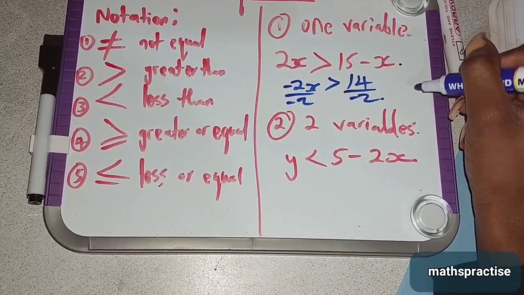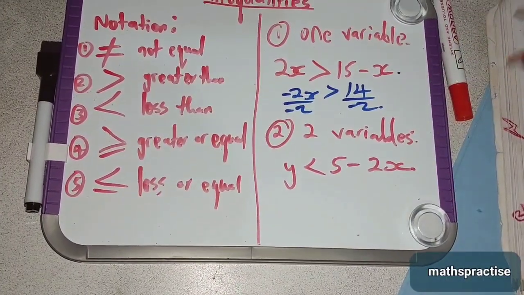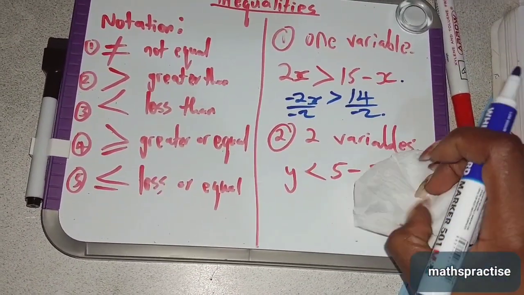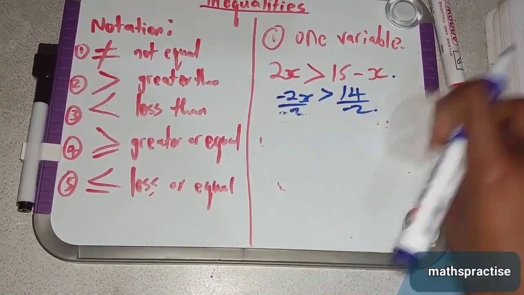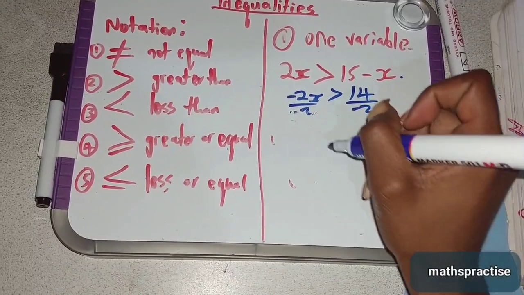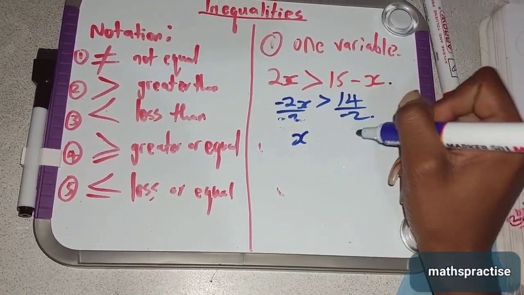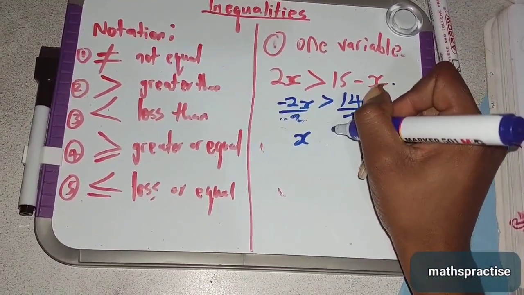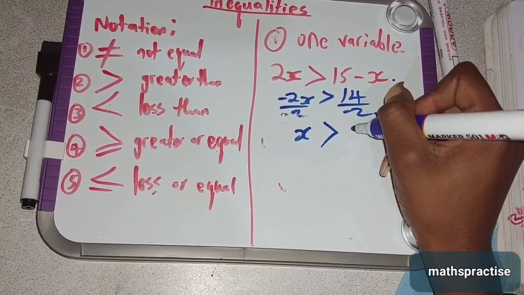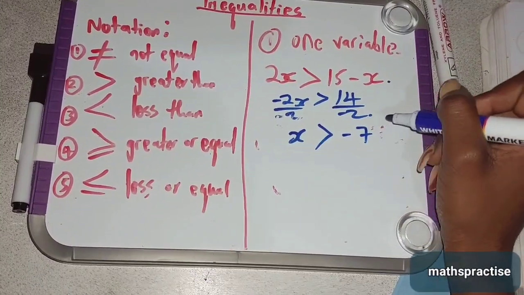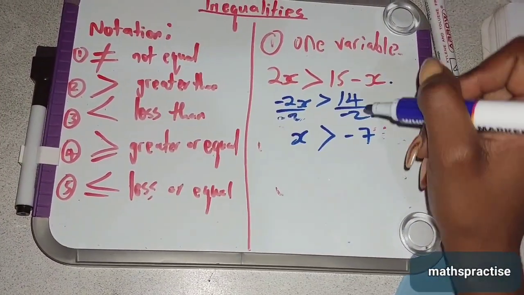But point to note is that your answer will say x is greater than -7, but this is not the answer.